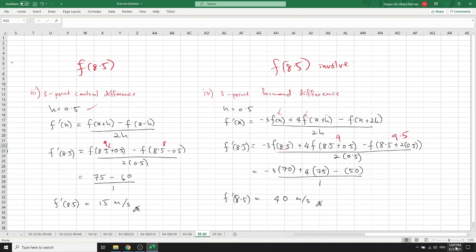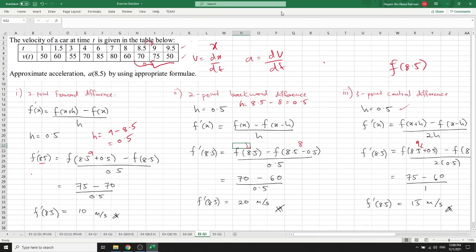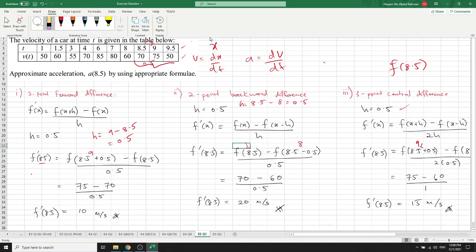Also sometimes for the backward, the h is different. So we try to do some testing.